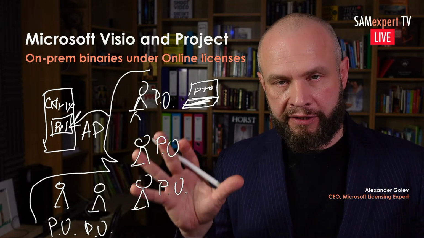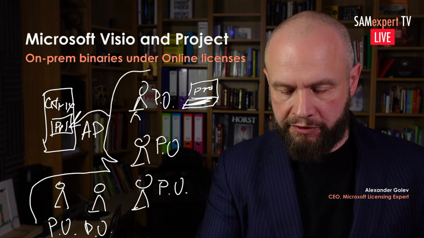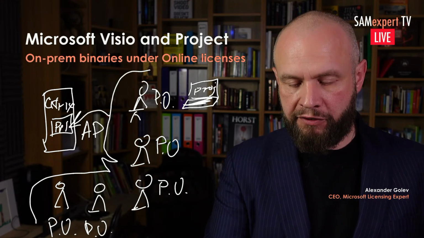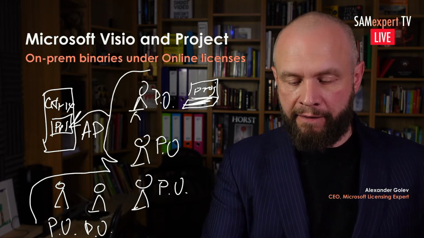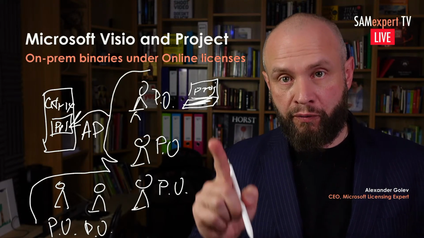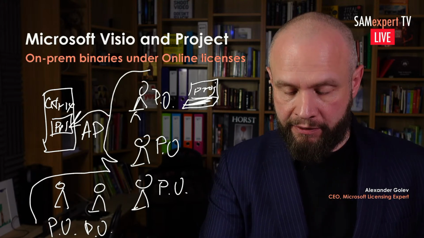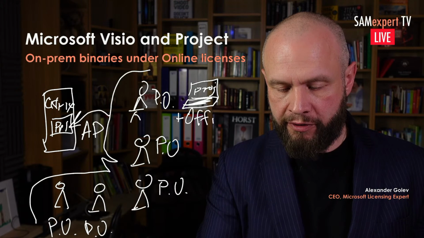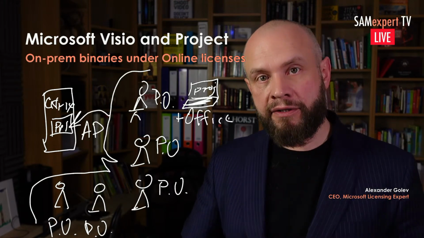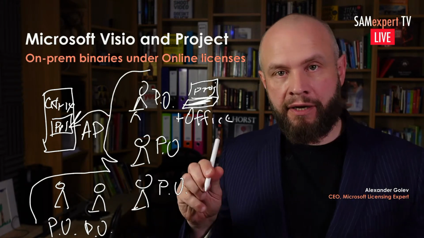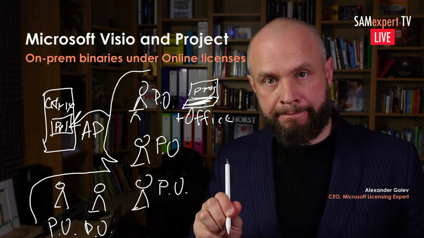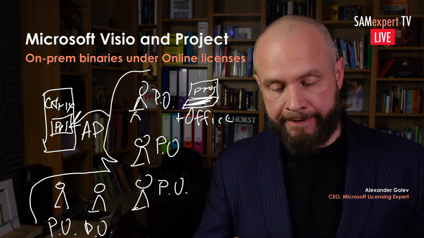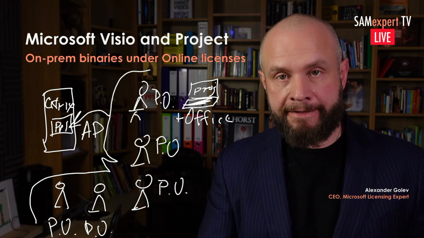Nobody else can access this device. When Project on premises is installed on this device, this user is licensed for Project Online. They may, and this device must also be licensed and running Office Standard or Professional Plus. Then in that case, everything is fine, because that's the licensed device.